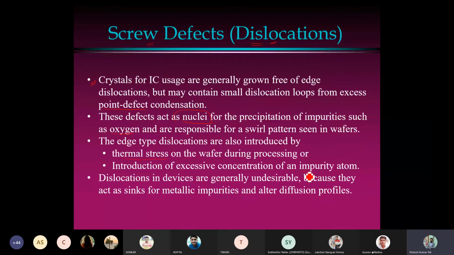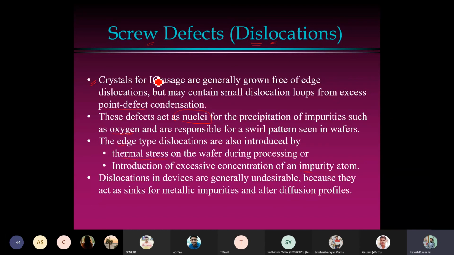Generally, the dislocations in a device are undesirable. As a designer or the fabrication lab, we don't want to attract any dislocations onto the crystal, but there may be some defects available, like point defects, that can attract some impurities and lead to dislocations. So these dislocations should not be obtained. They are undesirable, as they act as a sink for metallic impurities and alter the diffusion profile.